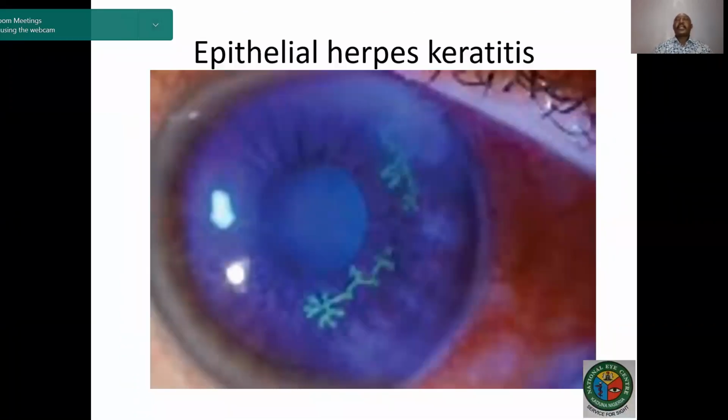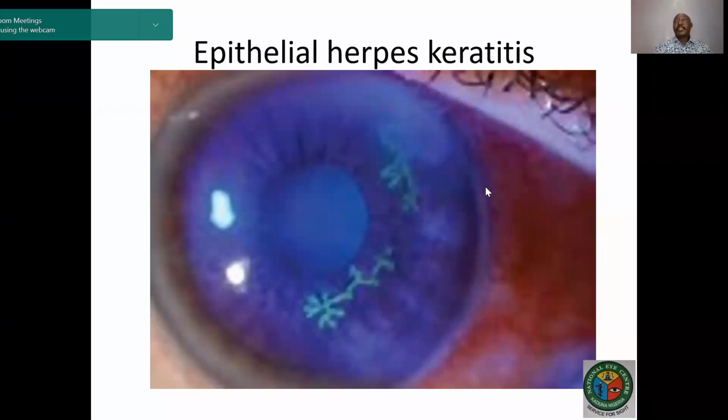Away from fungal keratitis, we will want to look at herpes. This is another common causative agent that leads to corneal ulceration. For herpes, the diagnosis most of the time is made clinically.